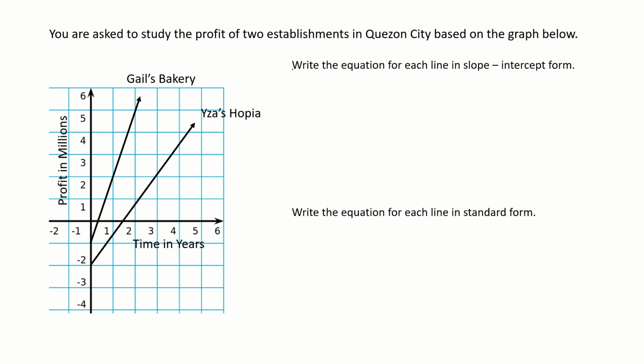The third question is to write the equation for each line in slope-intercept form. So we start with Gale's Bakery. So we already know that the slope is 3. Remember, slope-intercept form is in the form of y is equal to mx plus b.